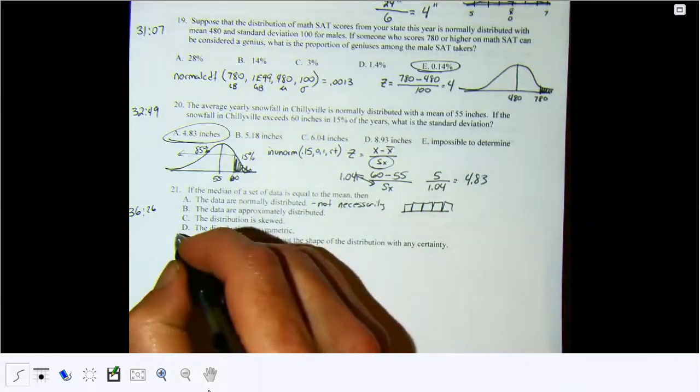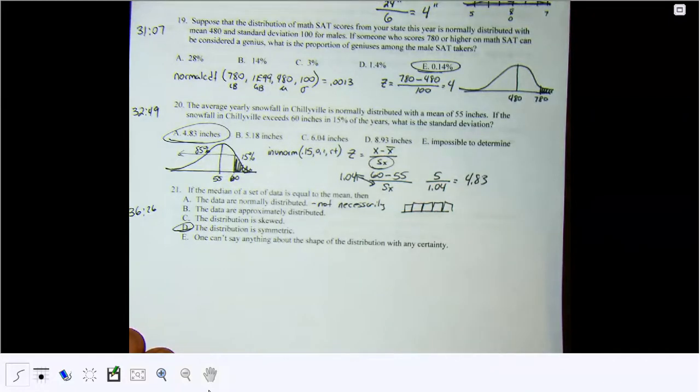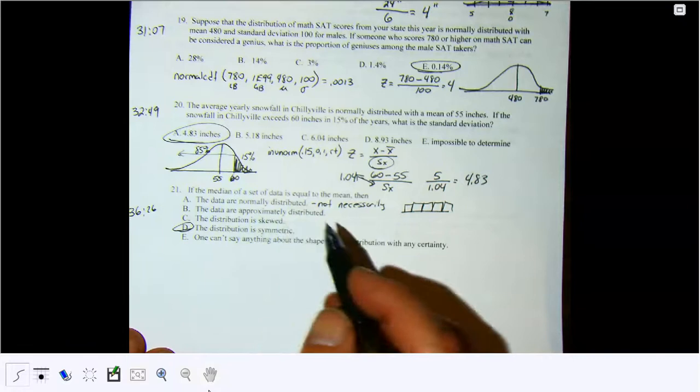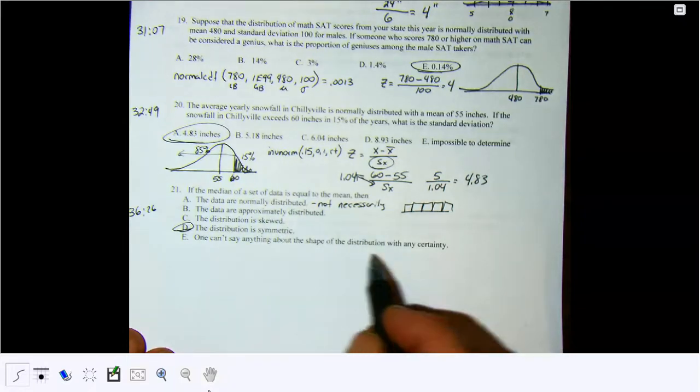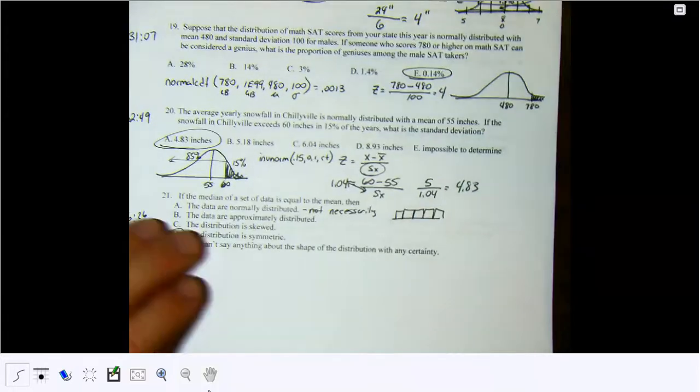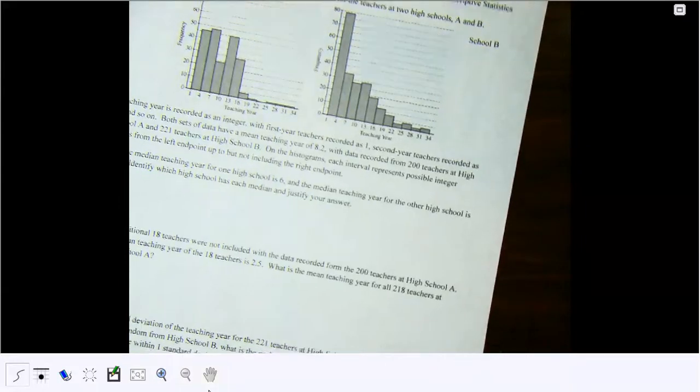So therefore, my best answer is down here. It is symmetric. It's not going to be skewed. Approximately normally distributed means nothing, and we can't say anything about the shape with any certainty. Well, my mean and my median match, so you're going to know that it has symmetry. Okay, so we're done with 21, and we're done with the multiple choice questions.